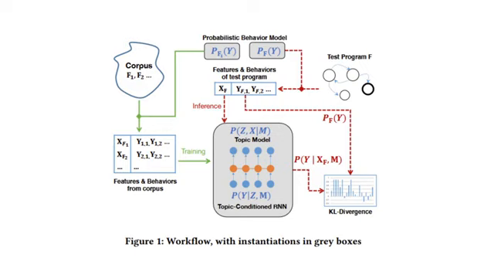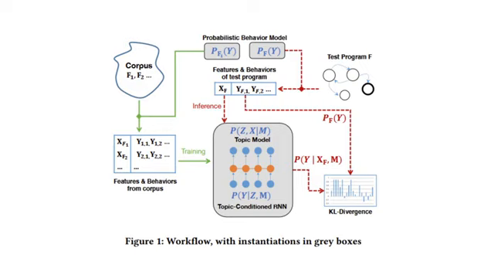It'll use both of those to create a set of syntactic features and expected behaviors. And then using that, it will train a topic model. I'll go more into depth as to why they choose to do this, why there are the words like topic, condition, RNN. But effectively, all you need to know for now is that this is what we're using to determine the distribution of expected behaviors that we want to see.